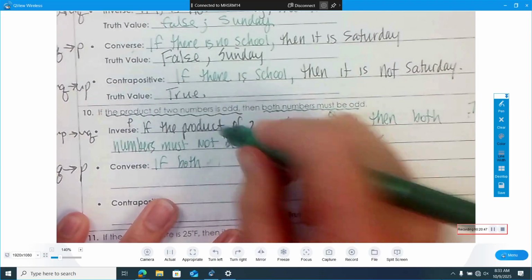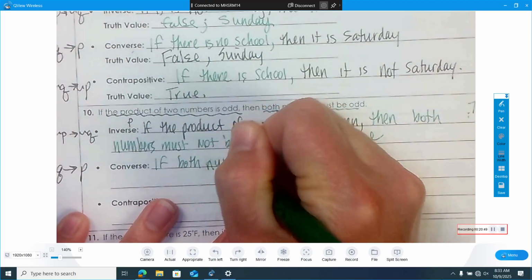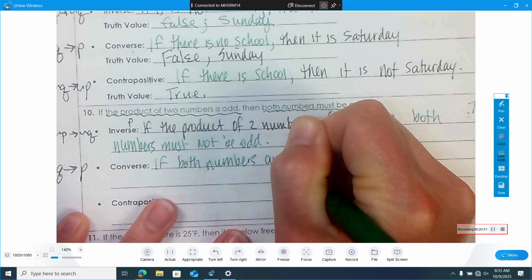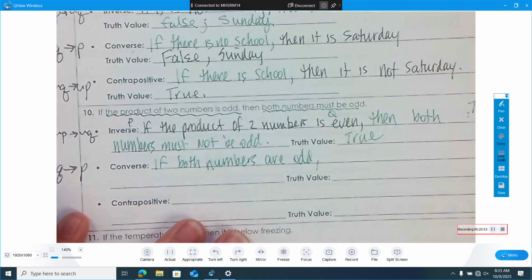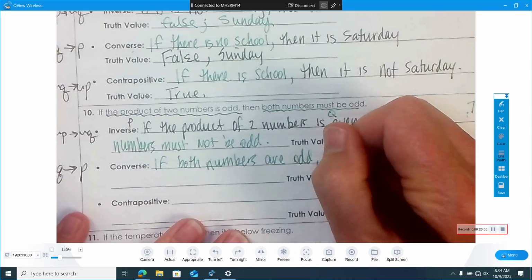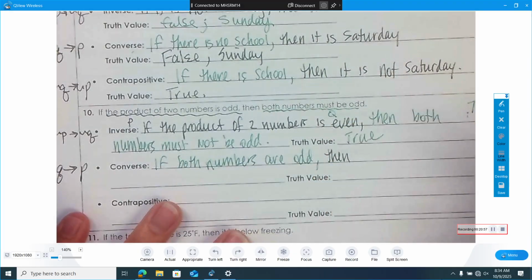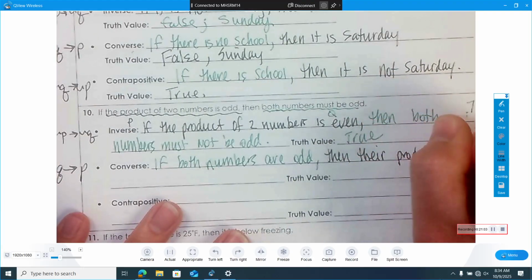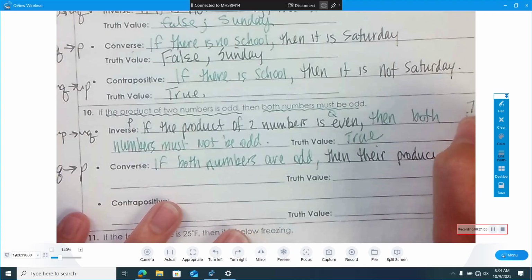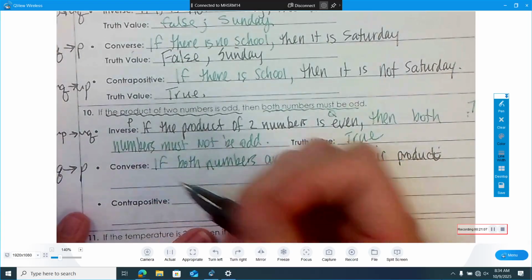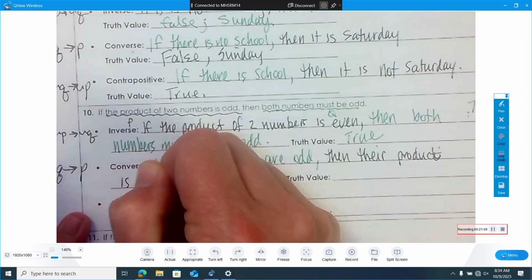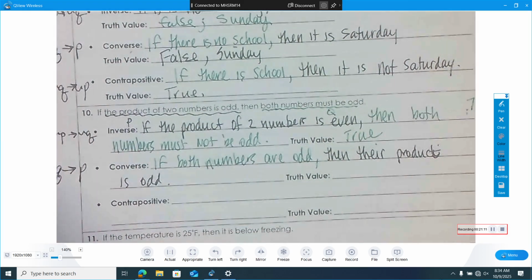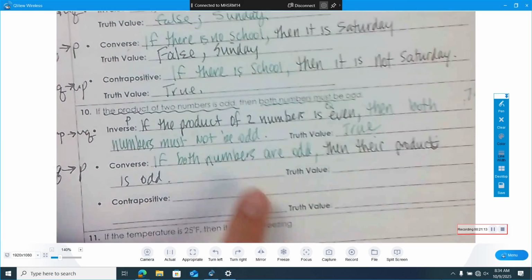If both numbers are odd, then yeah, I can just say their product, and what you said is also fine. Then their product is odd. If both numbers are odd, then their product is odd.